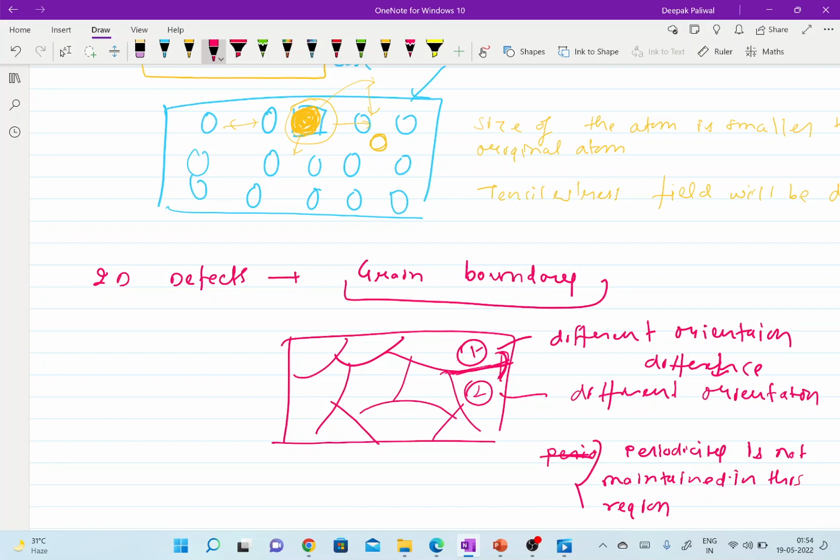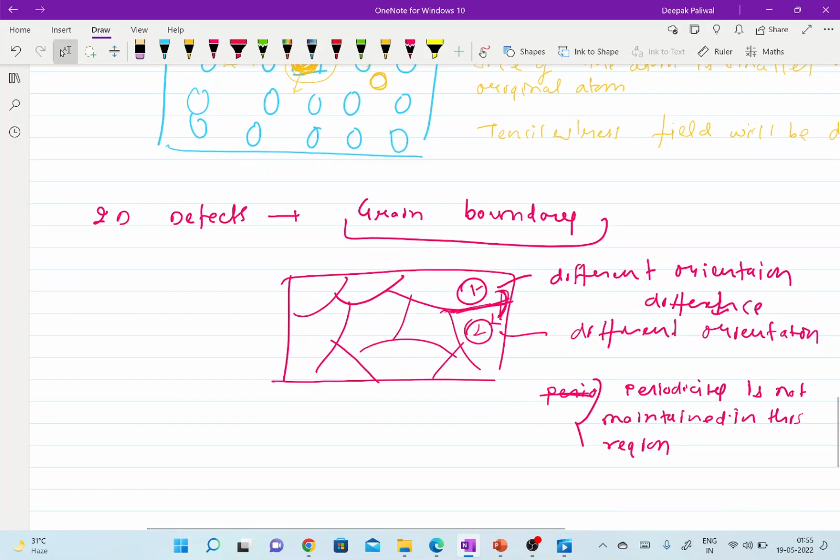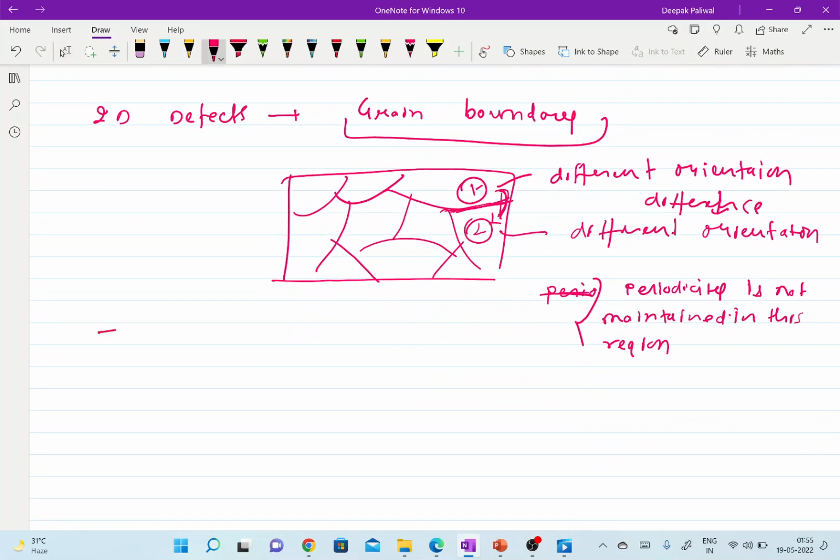Whenever any dislocation has to travel from this position to this position, it has to change the orientation from this grain orientation to this grain orientation, then only the movement of this dislocation is possible. So this is a kind of defect. The boundary between grains which have two different orientations is known as the grain boundary, and the twin boundary is very different.